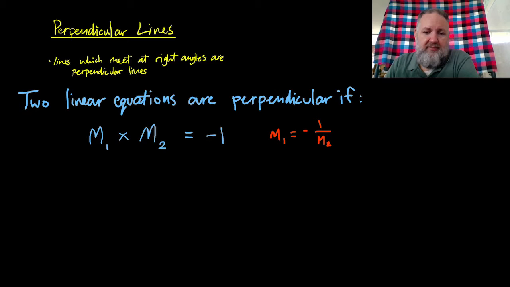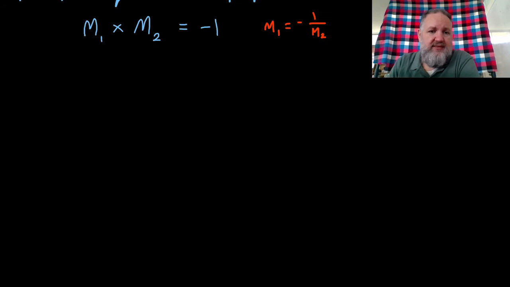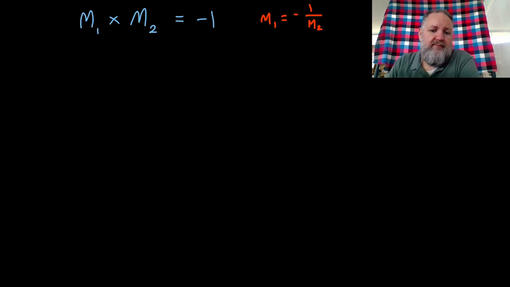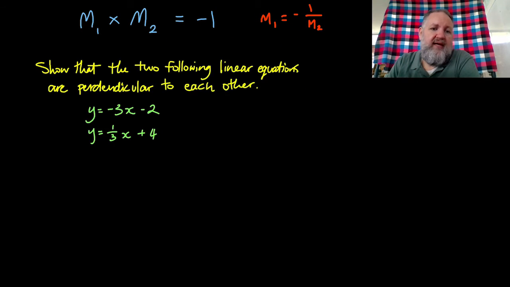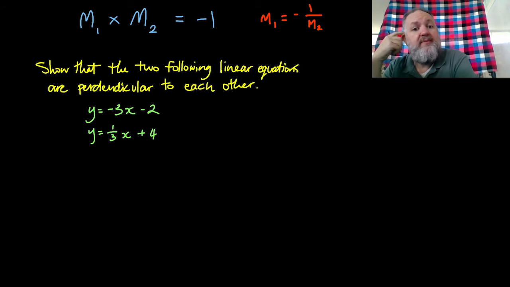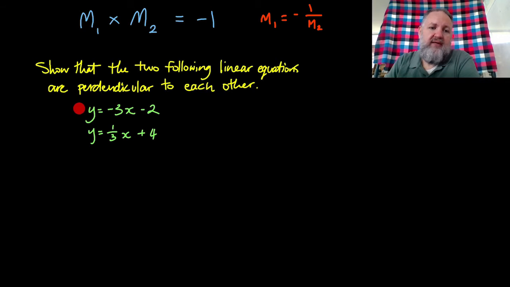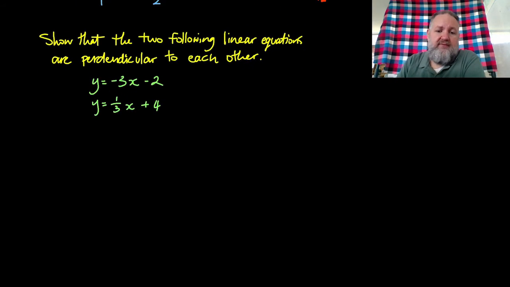So let's have a look at an example of how we might use this. We might be asked to show that two equations are perpendicular to each other. So we have our two equations: y is equal to -3x minus 2 and y is equal to 1/3 x plus 4. First thing we need are our m1 value and our m2 value, our two gradients. So let's find them.